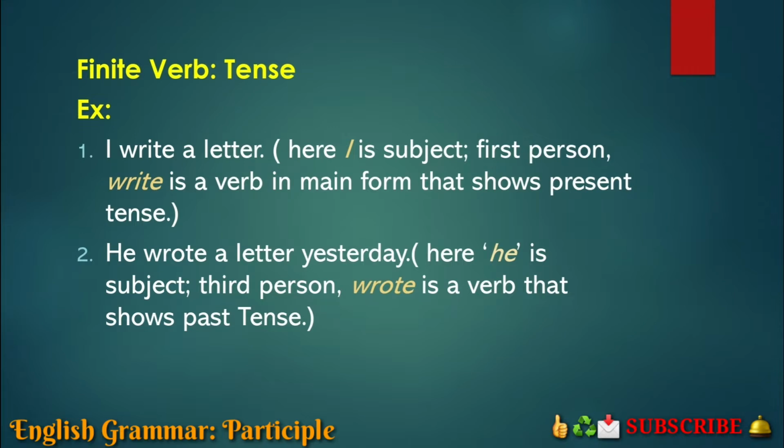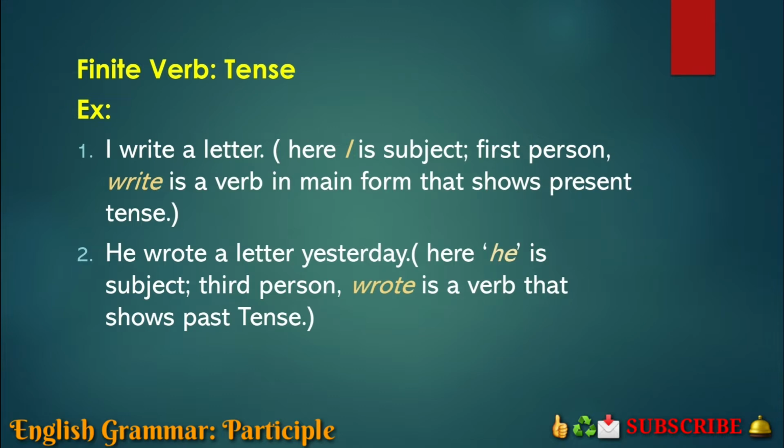Now let's see the second example: He wrote a letter yesterday. Students, in the sentence, he is the doer of action, so it is the subject, and it is in third person. In the first sentence, I is in first person.